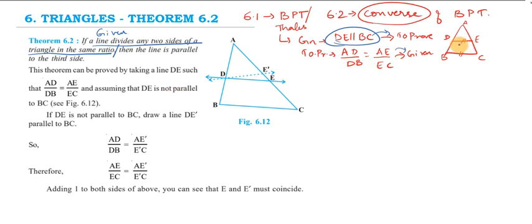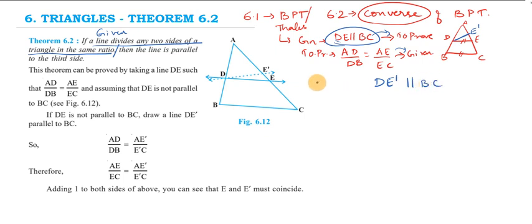Here we are doing a small change in the old diagram. Previously we knew that DE is parallel, but now we do not know if DE is parallel or not, because we have to prove that DE is parallel to BC. So in order to prove that, we are going to assume that we have another line DE dash, and we are considering DE dash to be parallel to BC.